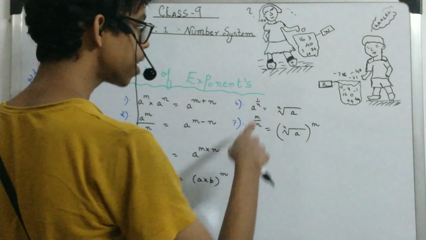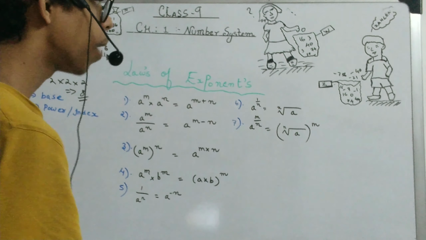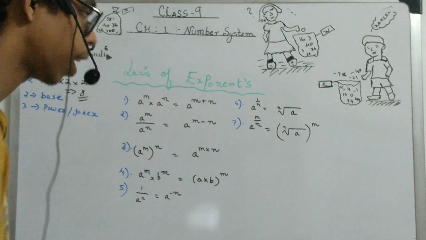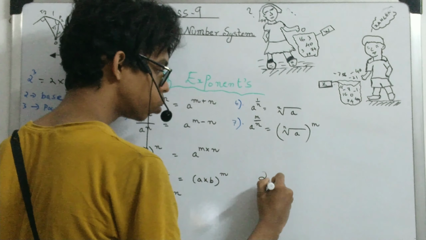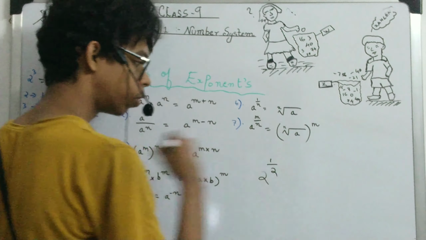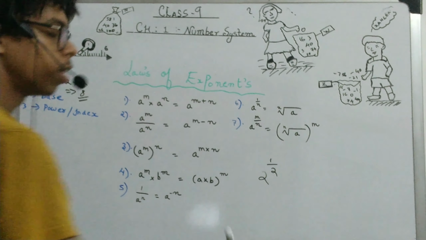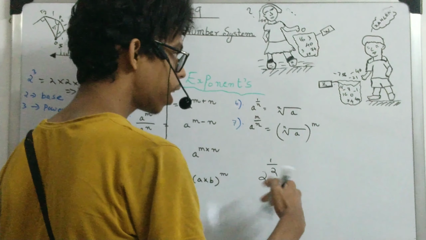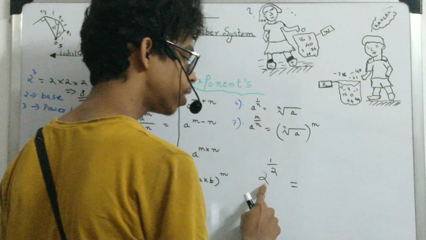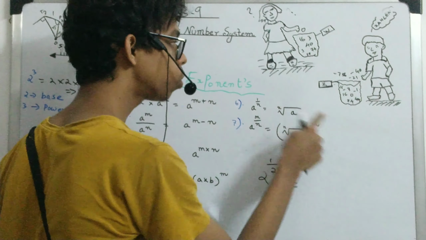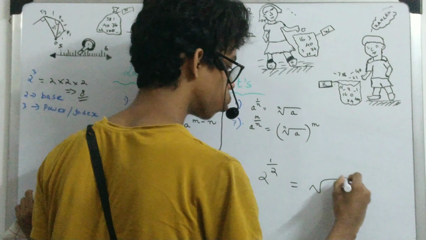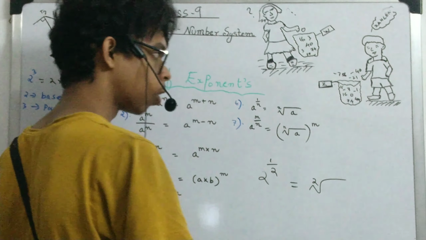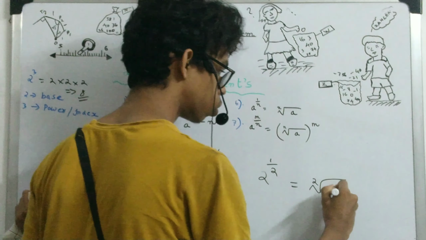Now, our sixth identity is a raised to 1 by n is equal to nth root of a. If I say 2 raised to 1 by 2, this is a fraction over here. They are telling that we can write the same thing as nth root of a. Here n is this 2, so I can write this 2 over here, and a is this 2.